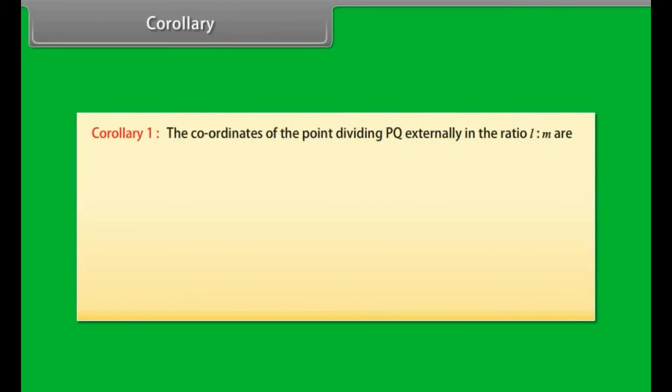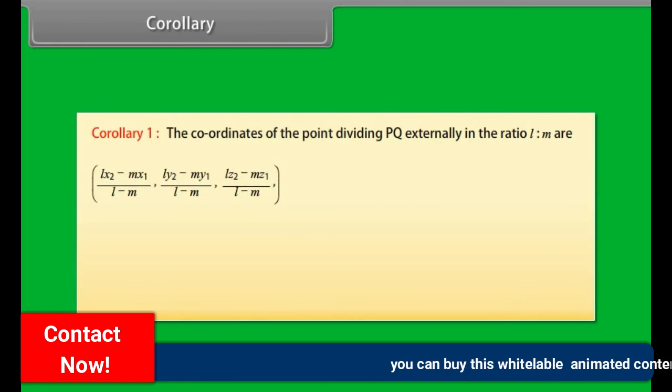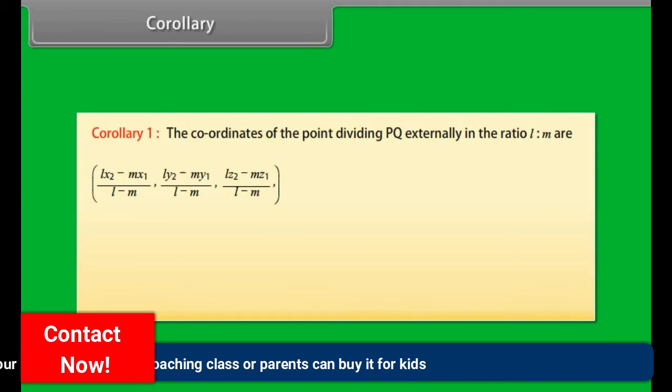Corollary 1. The coordinates of the point dividing PQ externally in the ratio l to m are ((lx2 minus mx1) divided by (l minus m), (ly2 minus my1) divided by (l minus m), (lz2 minus mz1) divided by (l minus m)).